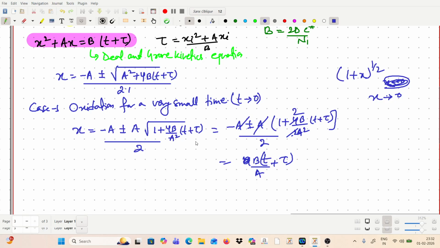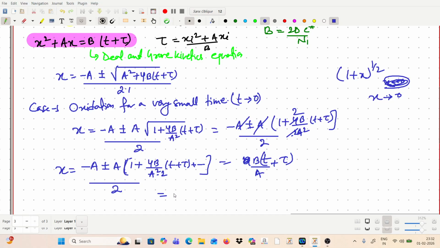If we solve this one, we will go for the full detail. Minus a plus minus a 1 plus 4b by a square into 2 t plus tau with more terms, by 2. So if we solve this one, this a and a will be cancelled. Only we have to take the plus one, because it may not be the negative one.